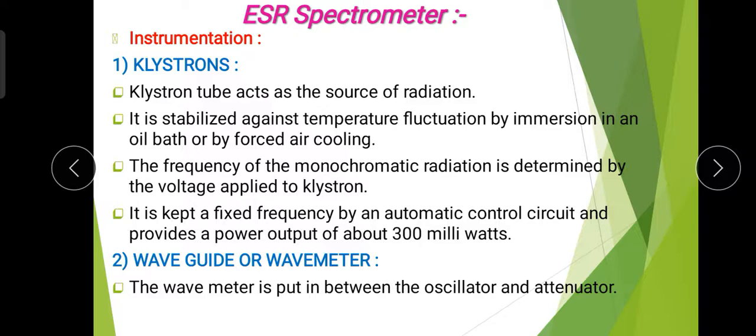The frequency of the monochromatic radiation is determined by the voltage applied to the klystron. In the klystron the microwave radiation is generated with a particular frequency, and this frequency is controlled by the applied voltage.